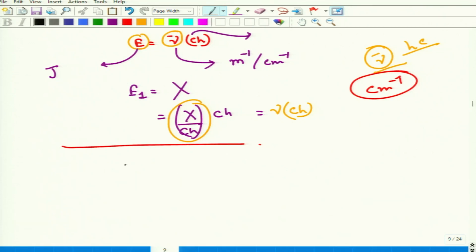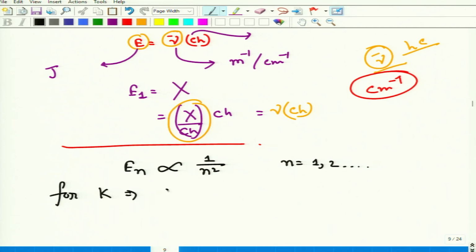Okay. So what we have discovered is that En is proportional to 1 by n square. For K, we can write Ek will be proportional to 1 by 1 square.